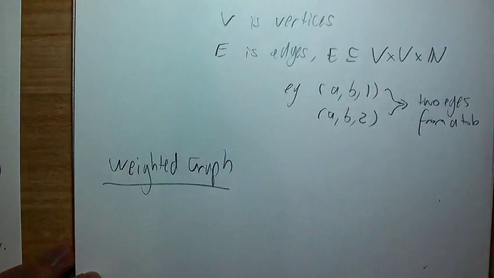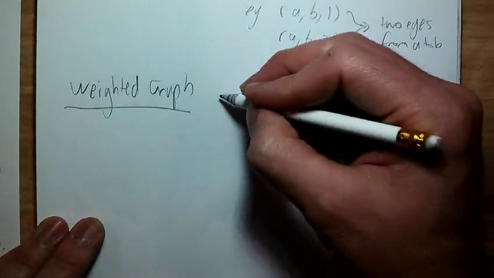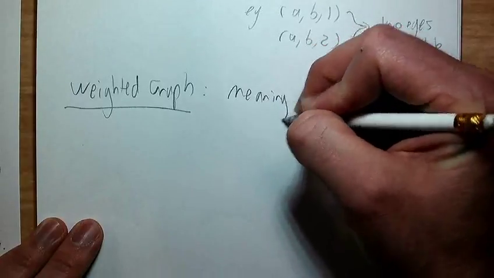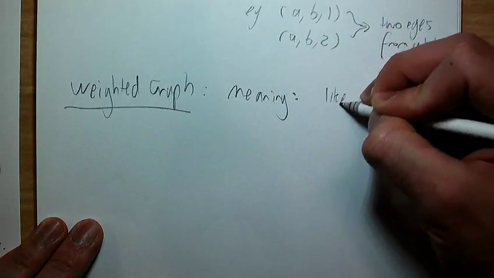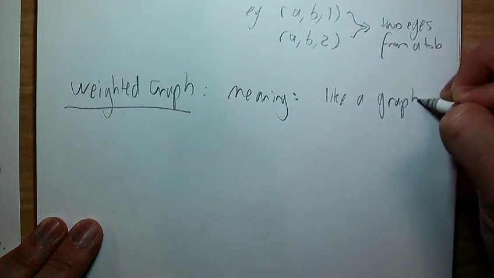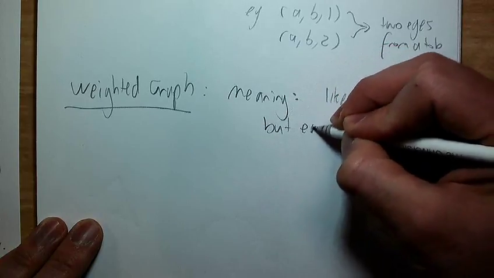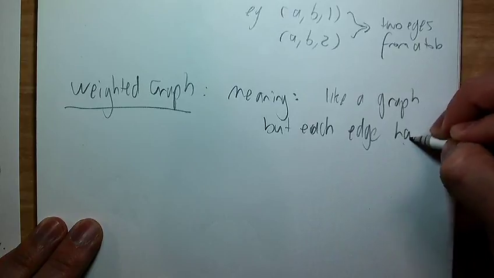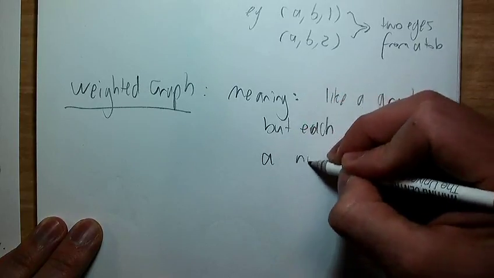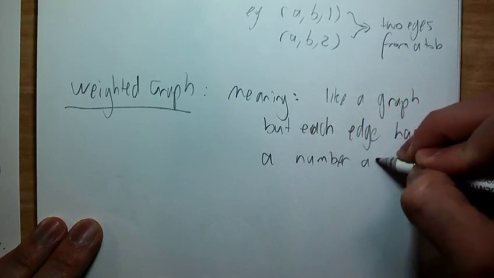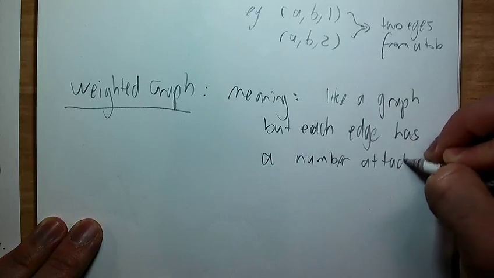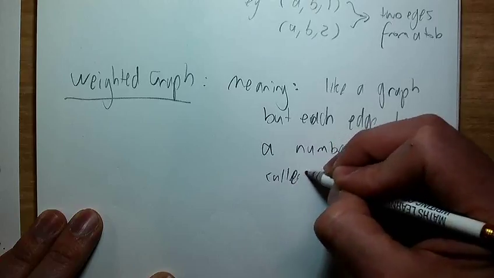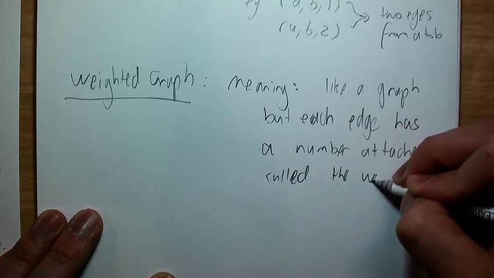A weighted graph is like a graph, but each edge has a number attached to it, called the weight.